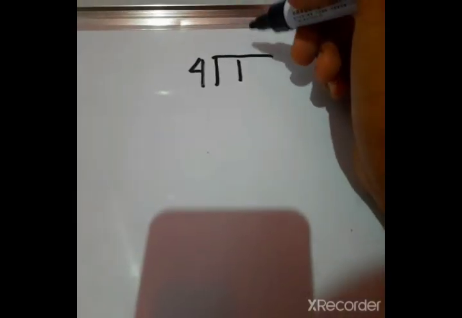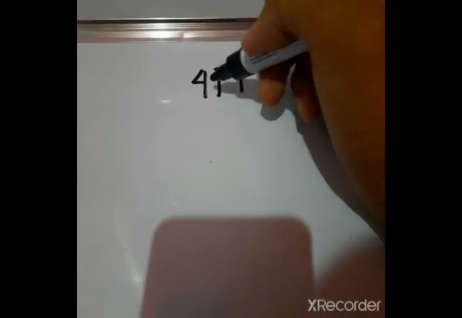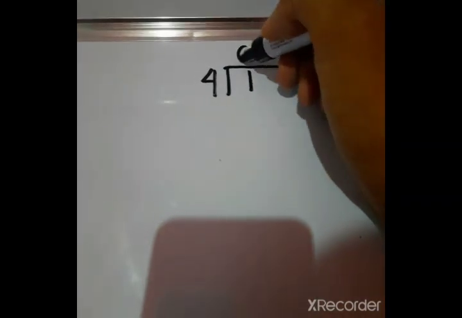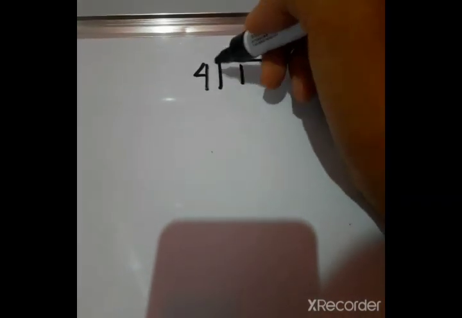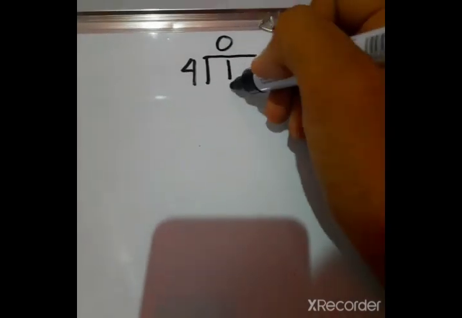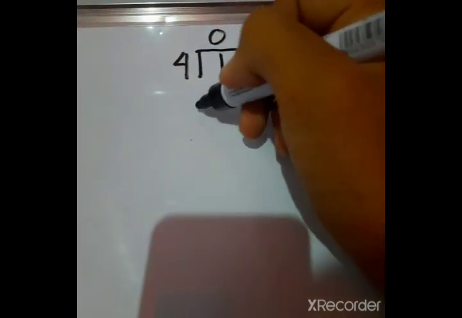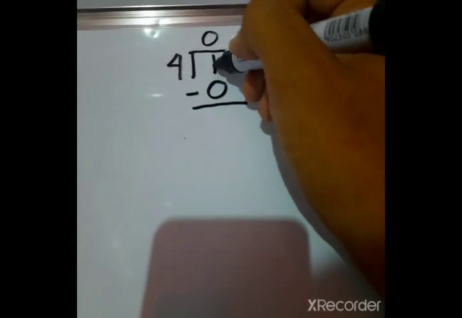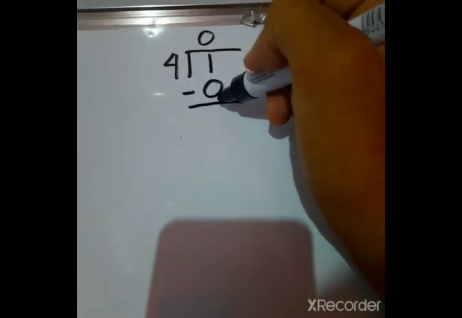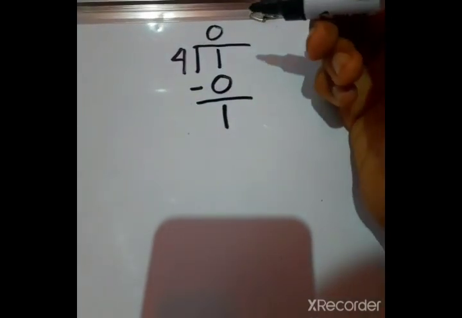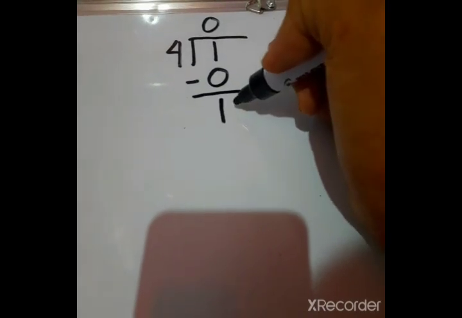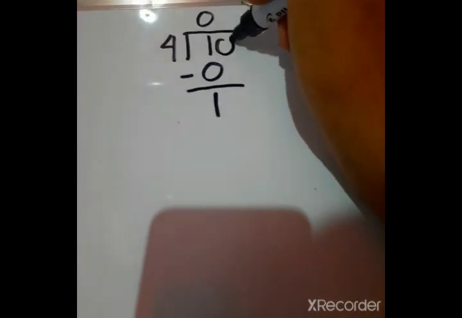We can now divide. 1 divided by 4, the answer is 0. 0 times 4, the answer is 0. And then 1 minus 0, the answer is 1. Since we have remainder, we will add 0.